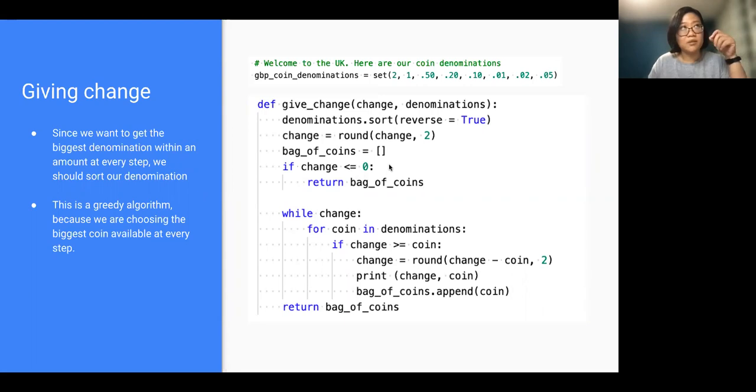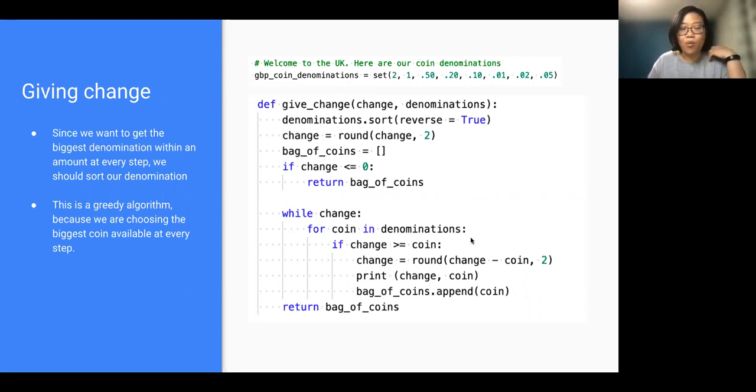This is especially important in an algos interview situation, where you think about your edge cases. Edge cases mean, well, what if in the worst case it performs poorly, if you only had a 1p denomination?